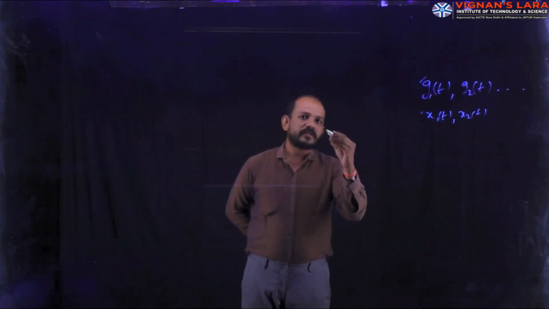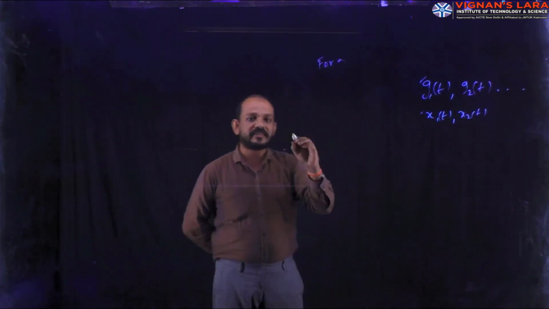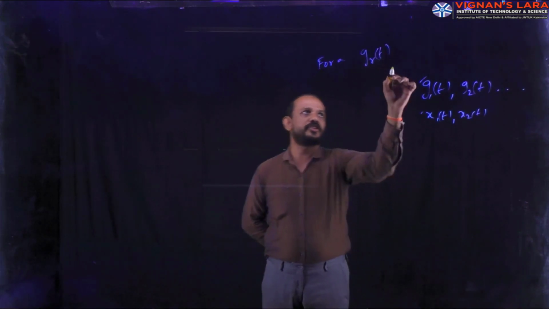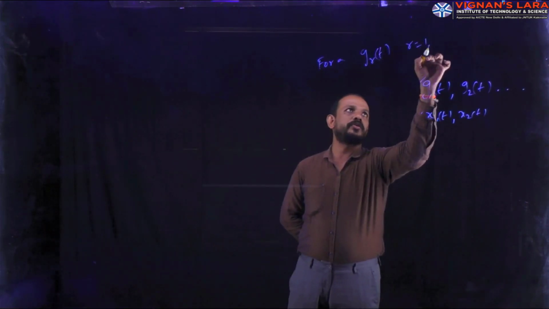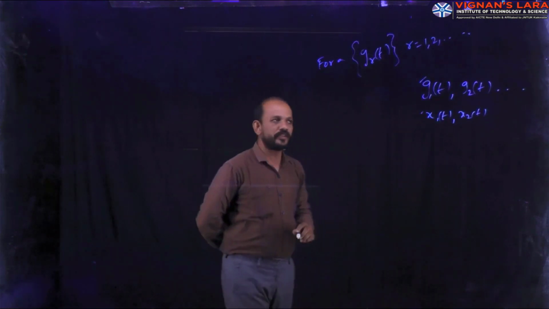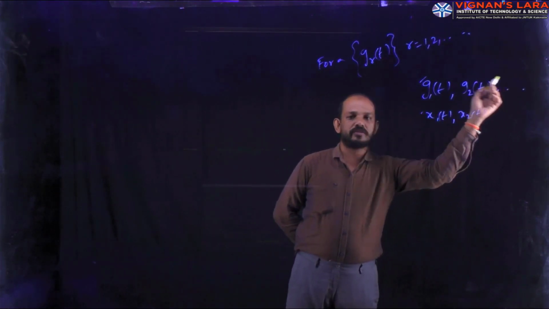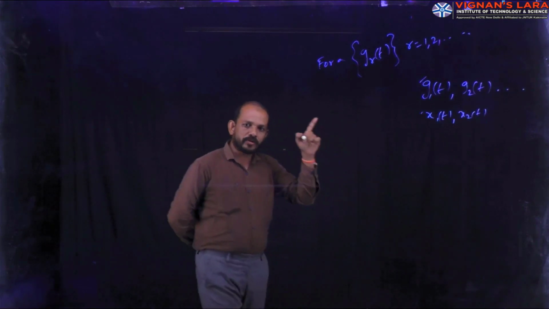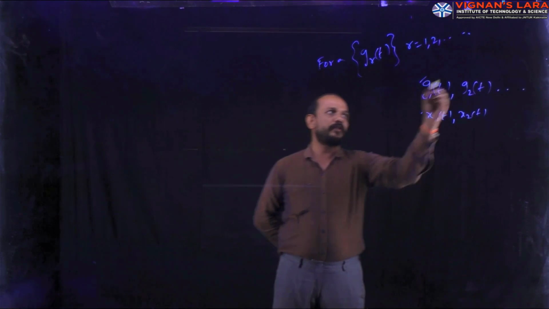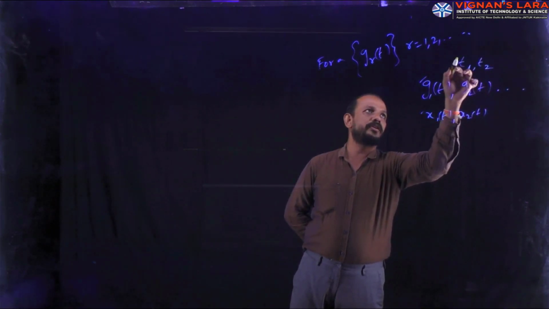Consider a set gr of t, where r equals 1, 2, and so on. That is, we have the functions g1 of t, g2 of t, g3 of t, and so on, which are mutually orthogonal to each other over the interval t1 to t2.